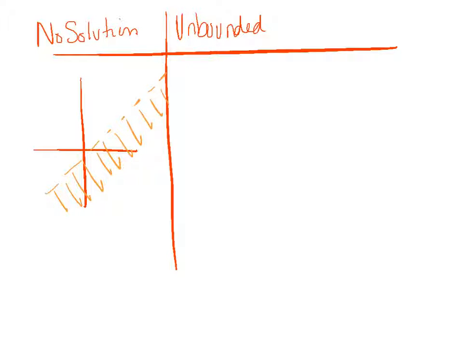And then you have another line, you come back for the second line, and it seems to be parallel, right? So you're looking at, even if it's solid, you're looking at a parallel line, and you have to shade above. Parallel lines never cross, so you'll never find a place where they will overlap these two regions, so that would be an example of no solution.